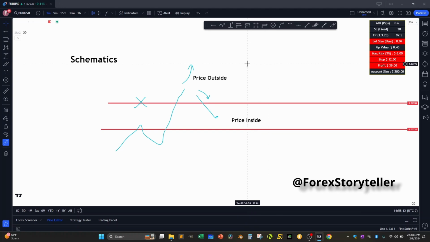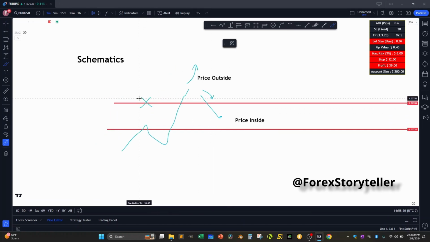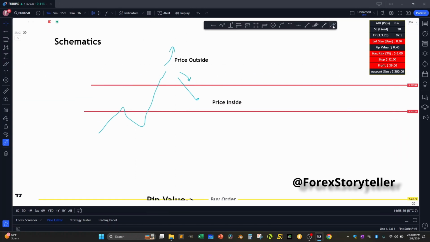Now let's take a look at the second part, the price inside situation. The only real option in this situation is to add in another position wherever you think price is going to go.